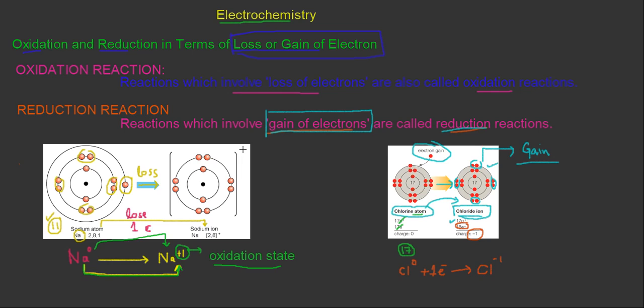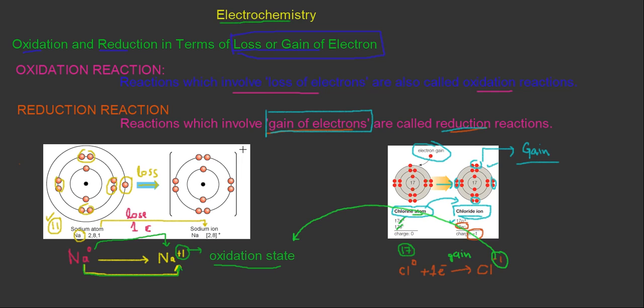Now what does this -1 mean? This -1, as I have told you earlier, is the oxidation state. This is the oxidation state of this chloride ion. So after gain of an electron, the chlorine atom is converted into chloride ion. So this is now known as reduction.